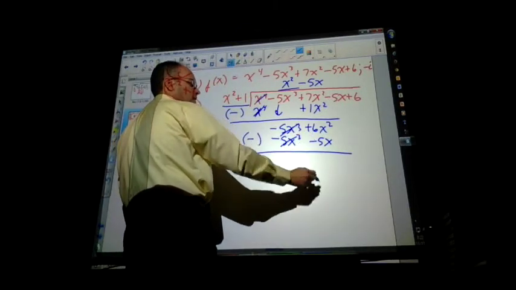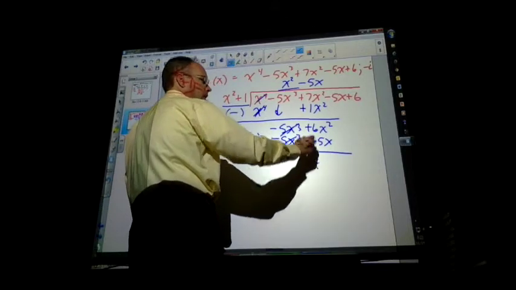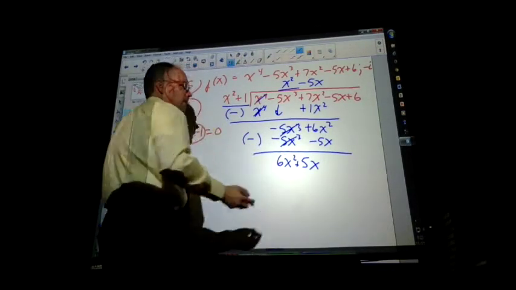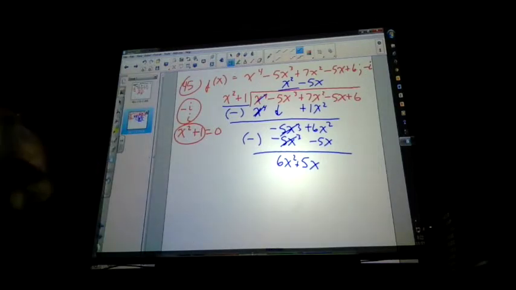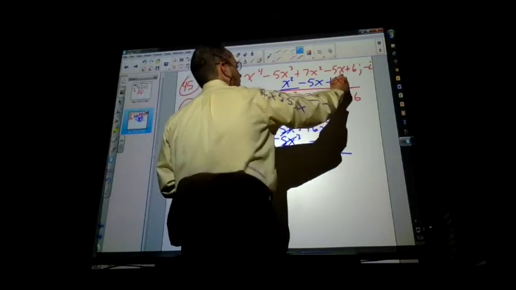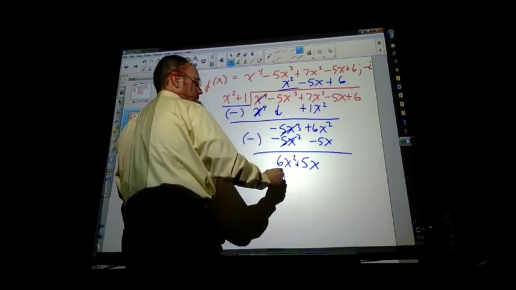This is going to come down as a positive 5x. That's going to come down as a 6x squared. I think that'll work. I don't have to bring anything else down. So then you have to ask, what do I have to multiply x squared by to get 6x squared? 6, okay. 6x squared.